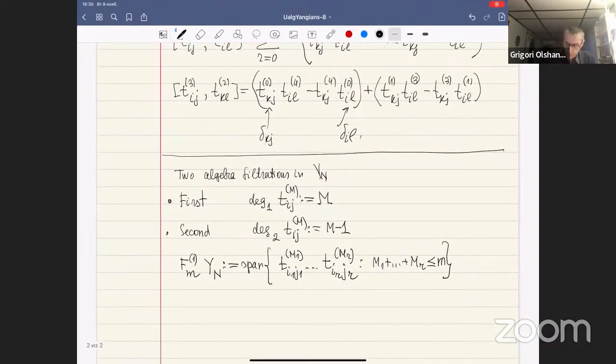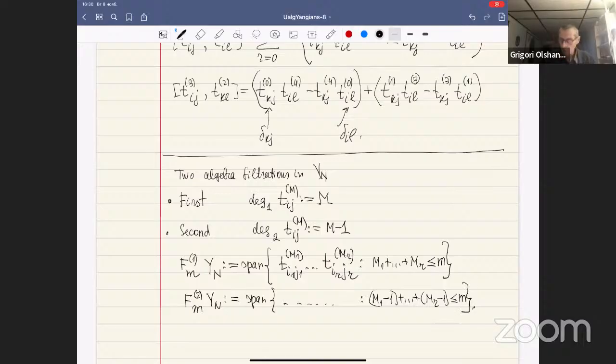But for the second filtration, the definition is different. It's again the span of the same type, but instead we have this condition. Okay.